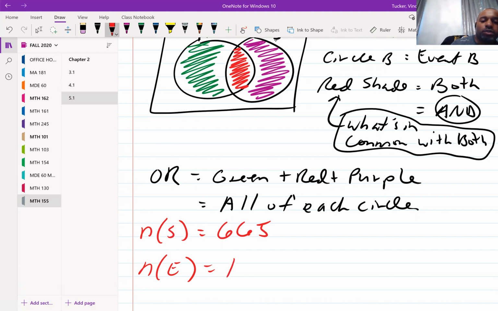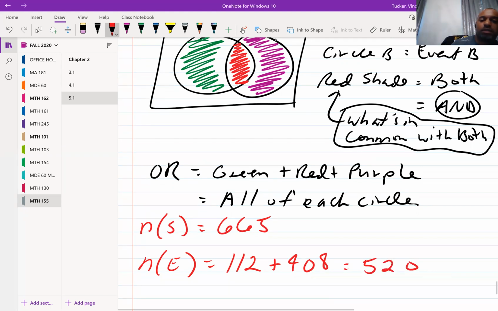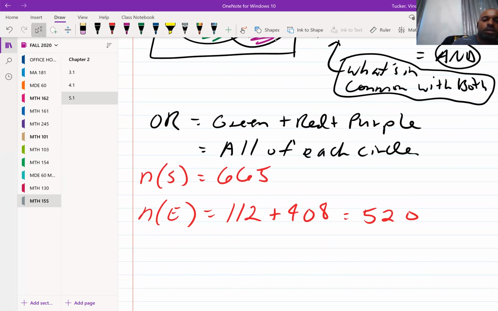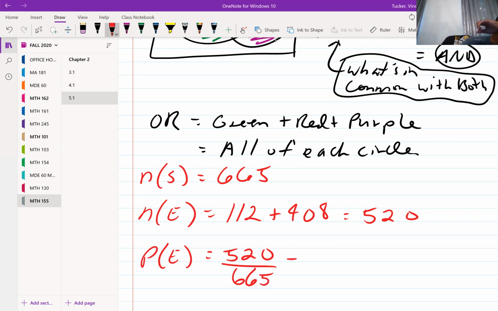So we're looking at 112 plus 408, which would be 520. So the probability of that occurring would be 520 over 665, which is 78.2%.